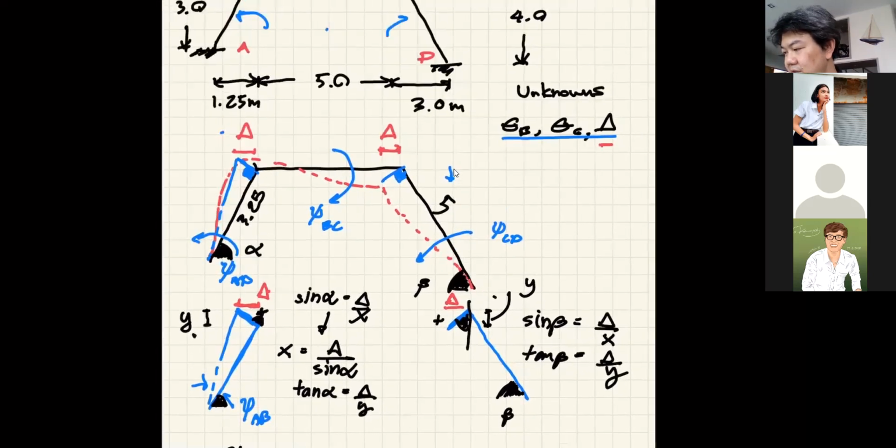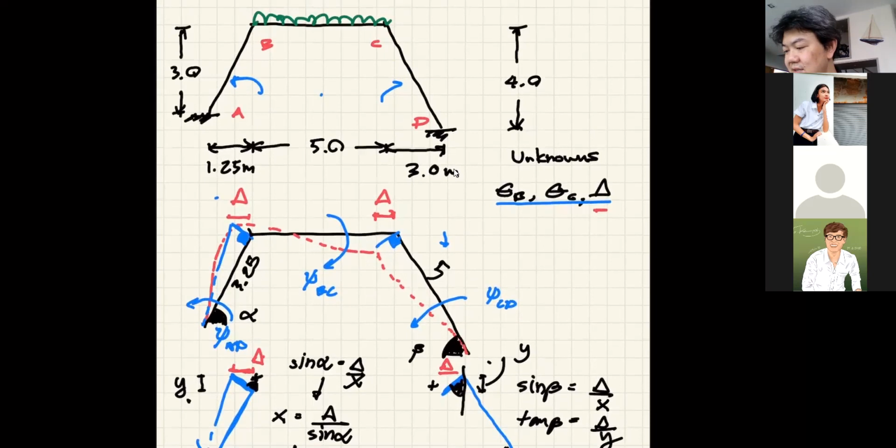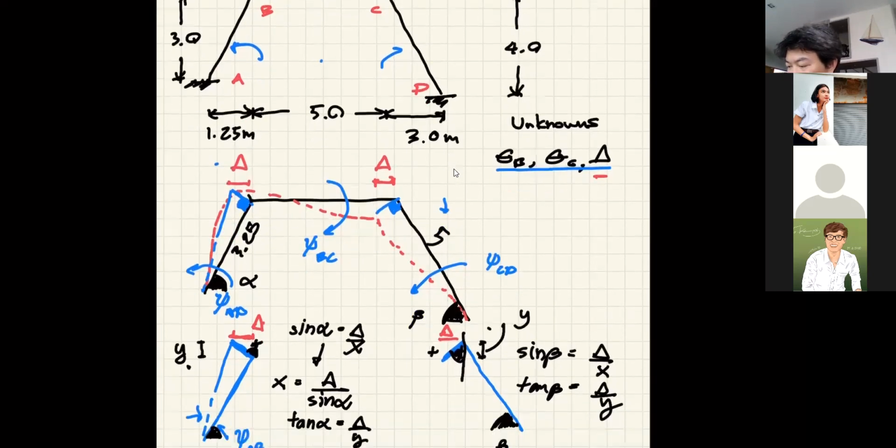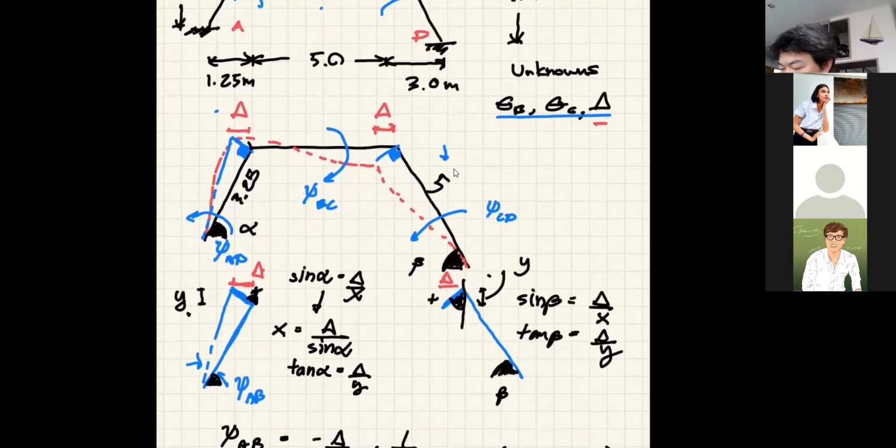And when you face a frame with legs like this, you can have rotation on the horizontal member, such as member BC as well. It's not like you will never ever have the horizontal member rotate. You can when you face a situation like this.